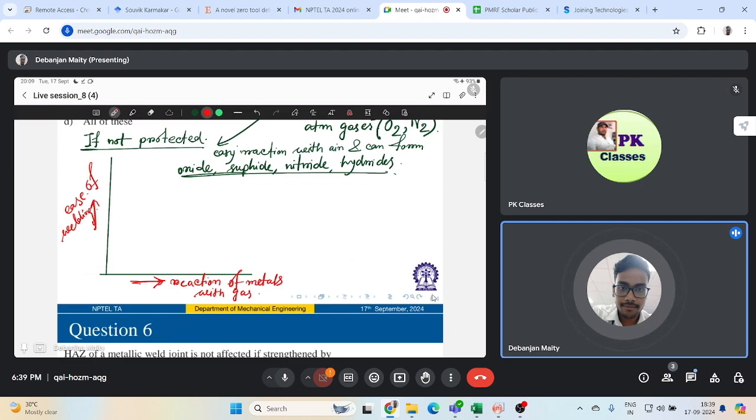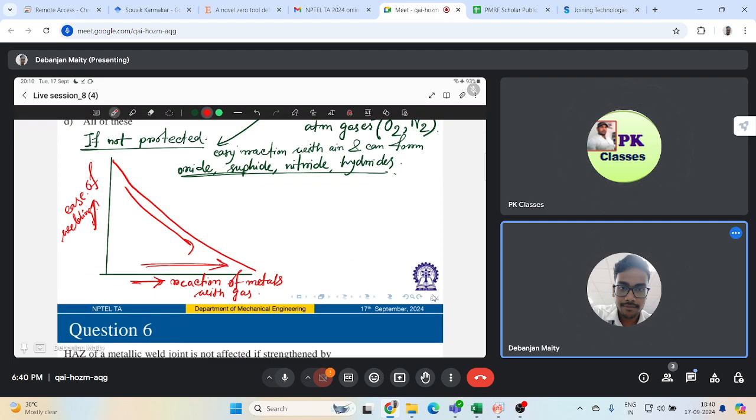So how will my graph vary? It will have a negative slope. If this is increasing, this will go down. Got my point?